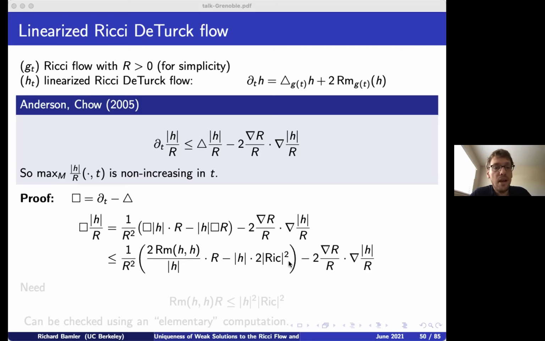Okay? Now what I need to show is that this term here is non-positive, and then I'm done. This reduces to this inequality between tensors, which can be reduced to a simple inequality involving 6 unknowns. It's a little difficult to prove this, but it can be done.